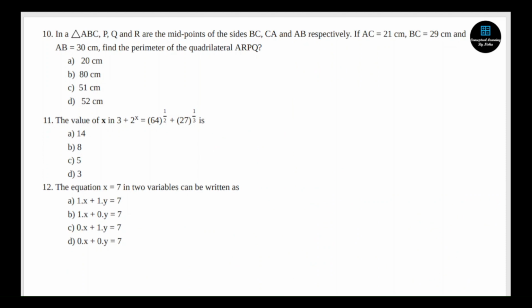Triangle ABC, okay. These three are midpoints. So if you just draw a rough figure, this is A, B, C and P, Q, R. So these are the midpoints.